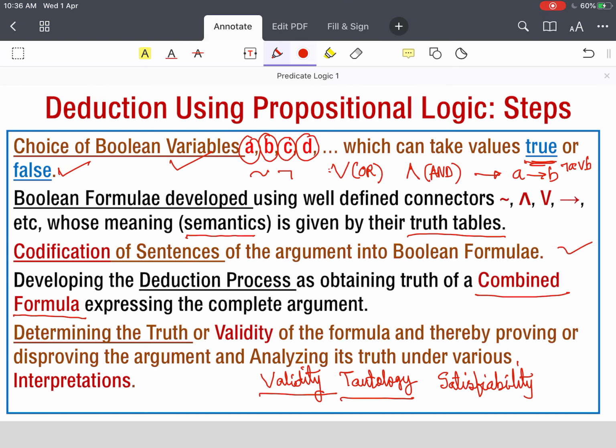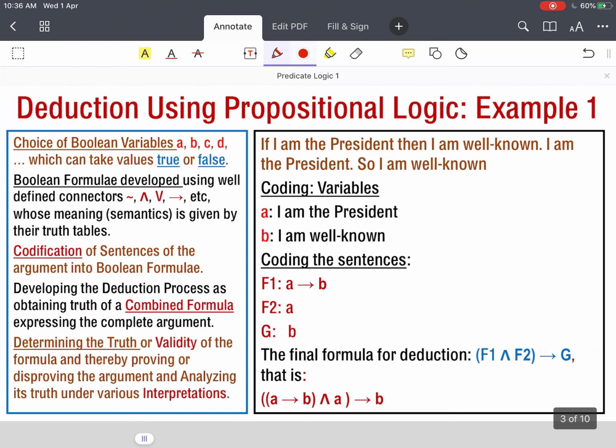A formula is said to be valid if it is true for every assignment of the Boolean variables, and a formula is said to be satisfiable if it is true for some assignment of the Boolean variables. Using this validity and satisfiability, we would understand the level of truth of the formula. Based on that, we would go back to the English language sentences that we had codified and then say whether the inferencing was correct or not.